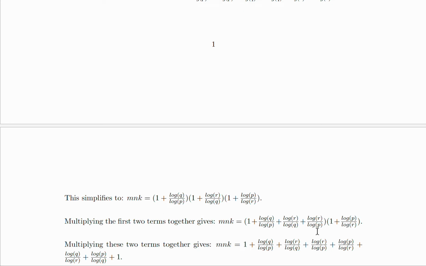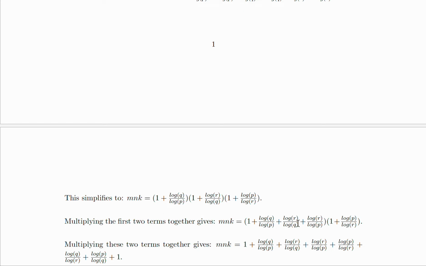And finally, plus log of r over log of p times 1, which is here. Now we multiply everything, all these four, by the second term. So we multiply this times this. So that's log of p over log of r. We multiply this times this, and you notice the log of p's cancel out. So we are left with log of q over log of r.